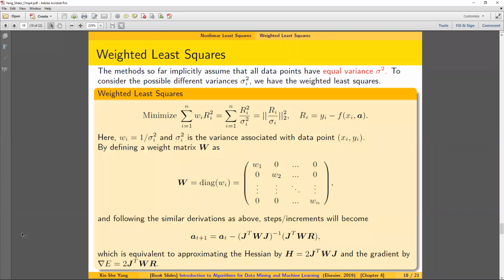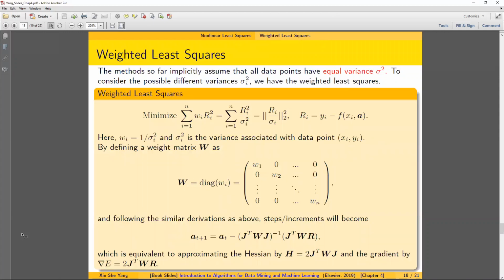Weighted least squares. In some cases, we have to use weighted least squares to solve an optimization problem or a curve fitting problem. The methods so far implicitly assume that all data points have equal variance. If you study linear regression more rigorously, you would know that one of the assumptions for linear regression is equal variance.